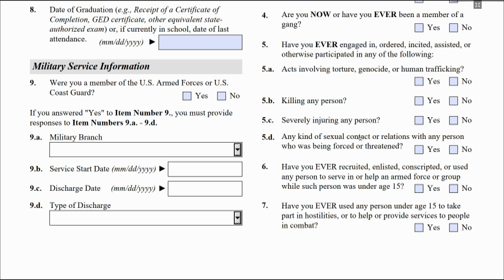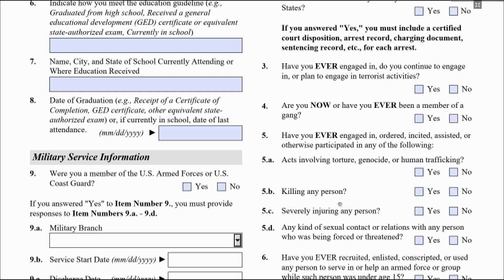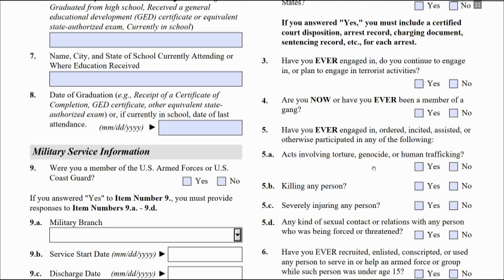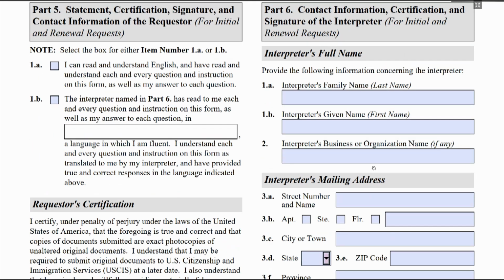Usually no. Have you ever engaged in, ordered, incited, assisted, or otherwise participated in any of the following: killing somebody, torturing, injuring, sexually abusing someone, recruiting someone under the age of 15 for the armed forces? Again, usually the response is going to be no. If it is a no, then that's fine. You have nothing to worry about. If there is a yes to any of these questions, speak with an attorney.